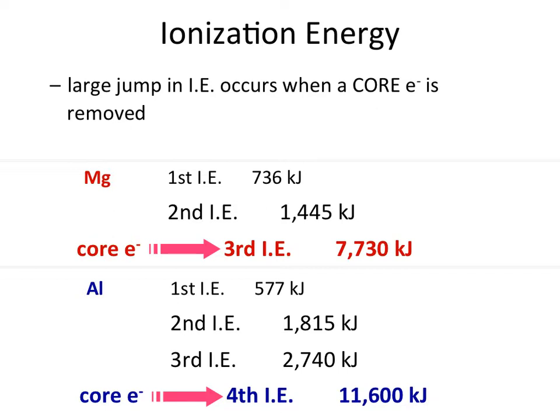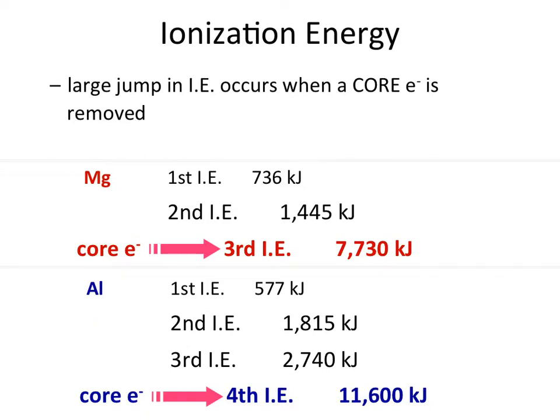Now, we see a large jump between the ionization values when I remove a 3rd electron from a magnesium ion. If initially they want to give up their electrons, they're fine with doing that. However, when we start trying to remove core electrons, the stability that's afforded makes it very energetically unfavorable to remove that electron. So we have to put a lot of energy in to disturb those core electrons.